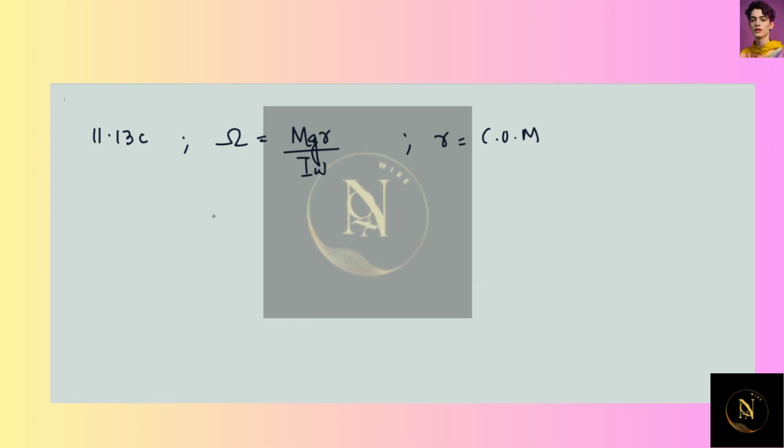Now, since the mass, which is half of the mass of the wheel, is placed on the axis of rotation, it does not contribute to the total moment of inertia. So, the moment of inertia due to this mass about the axis of rotation is zero.